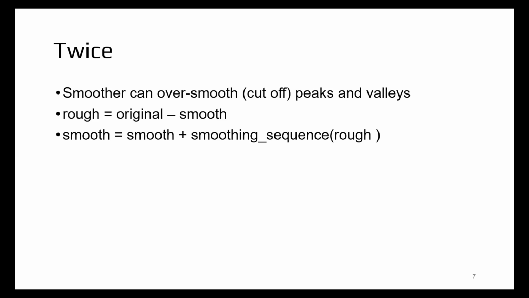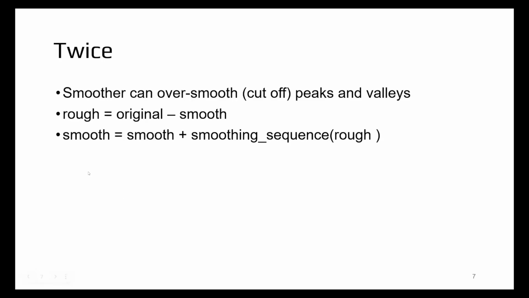Additionally, a smoothing algorithm can over-smooth, so cut peaks or values. To deal with it, we apply twicing.